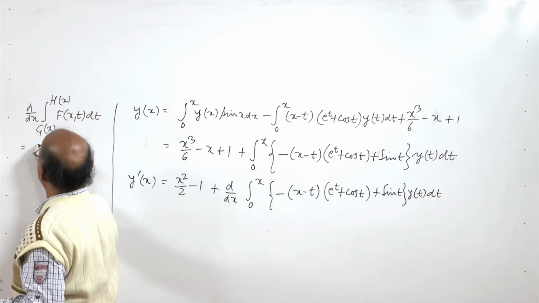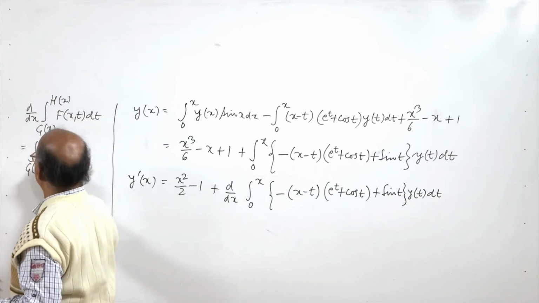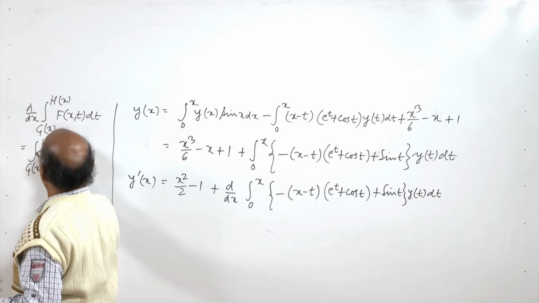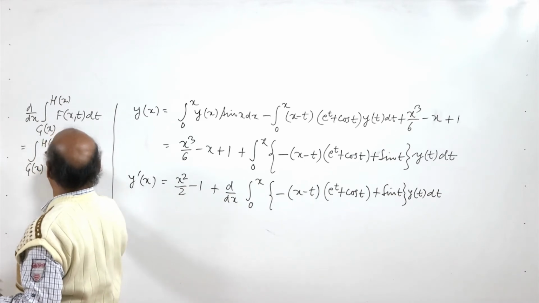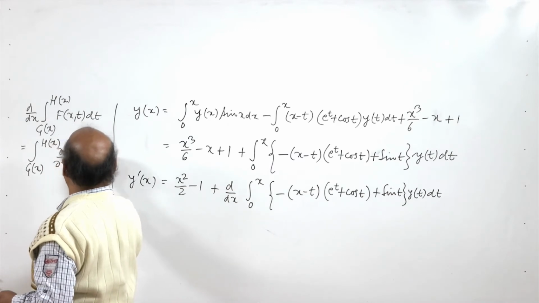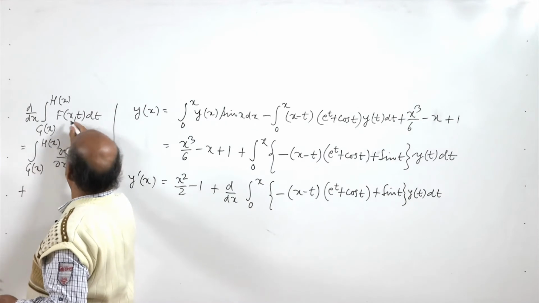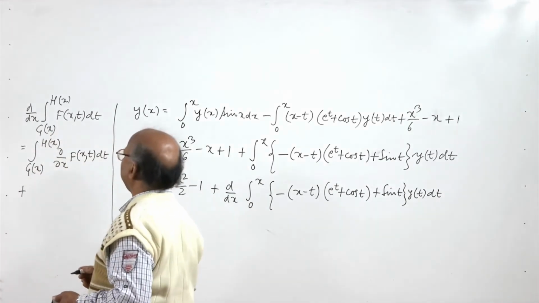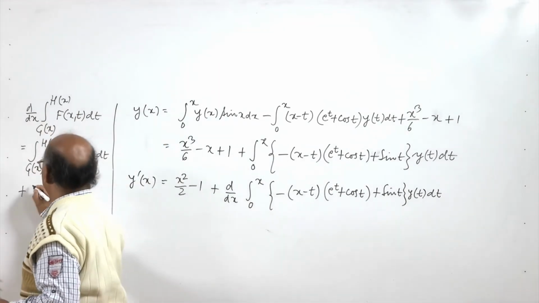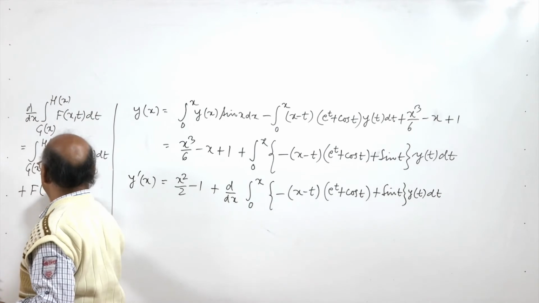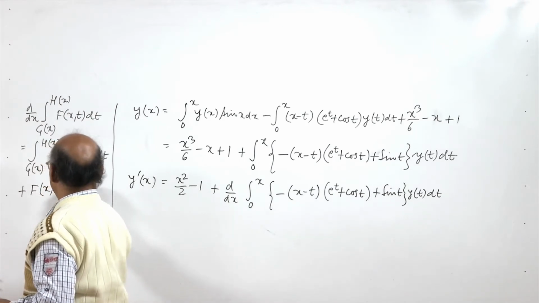This is nothing but integral g(x) to h(x), partial derivative of f(x,t) with respect to x dt, and then plus the value of the integrand f(x,t) at the upper limit, which is f(x,h(x)).